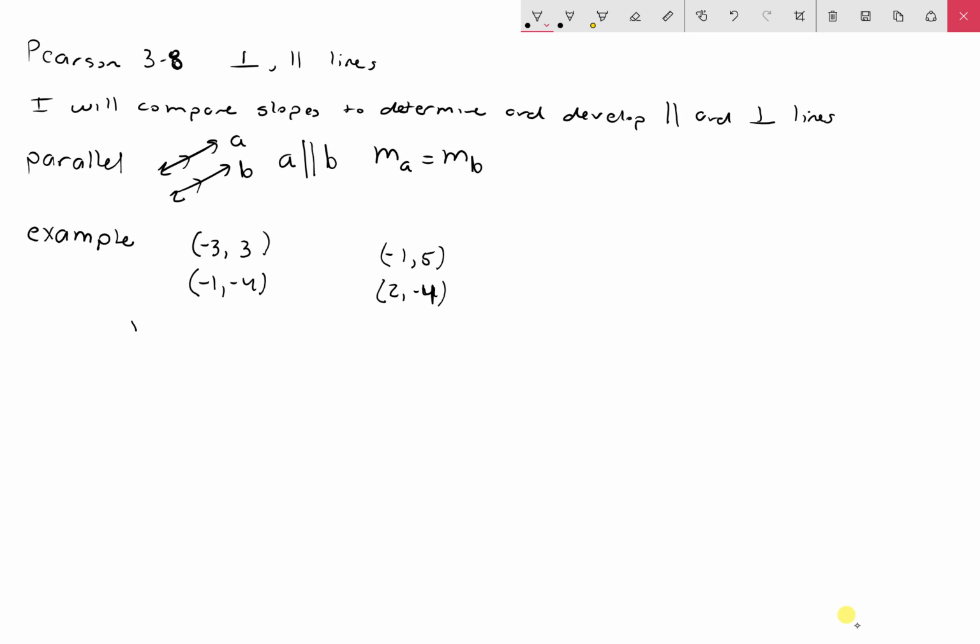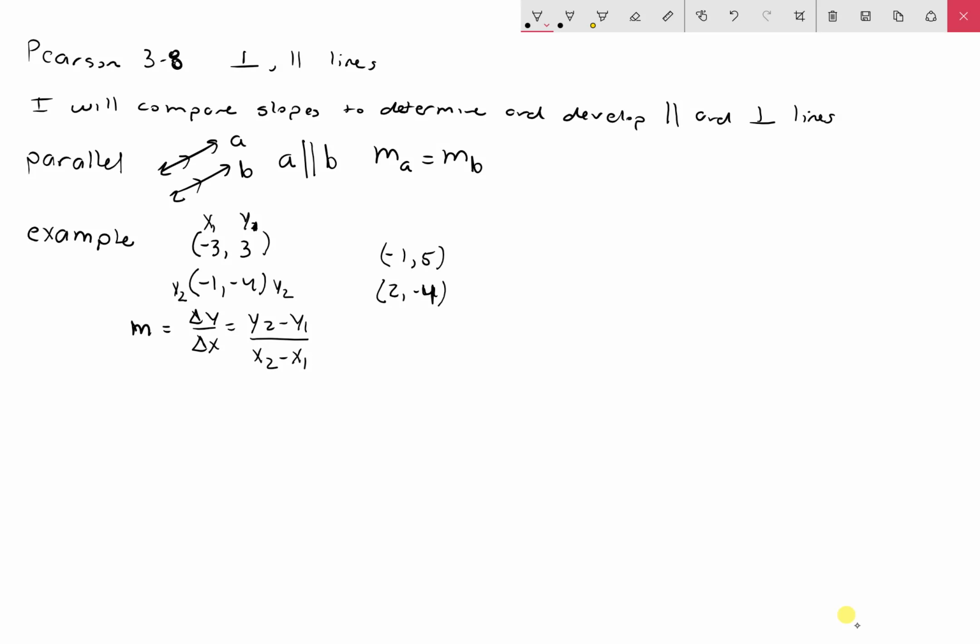So we should know that slope is change in y over change in x, or if you expand it, y2 minus y1 over x2 minus x1. So let's make sure we label these to make sure you guys understand. This will be x2 and y2.